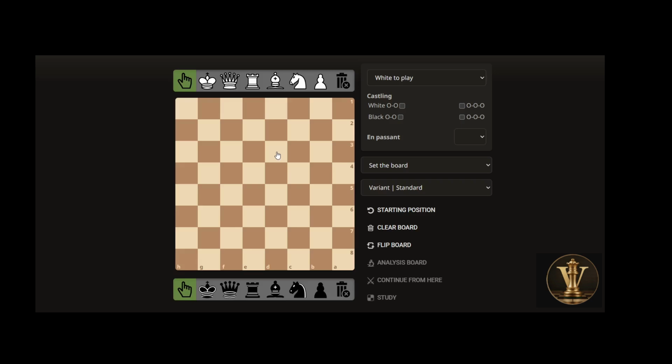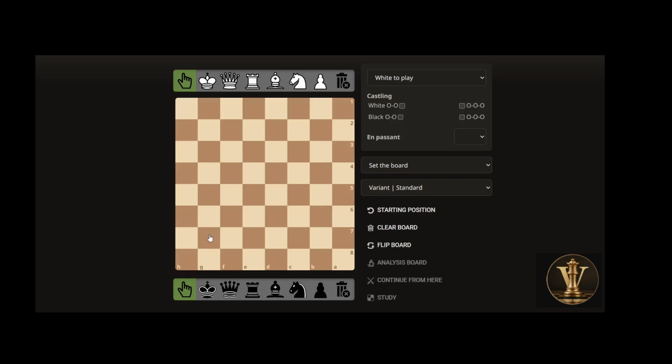So there are 8 ranks in the chessboard: 1, 2, 3, 4, and so on up to 8. Similarly, there are 8 files in the chessboard: 1, 2, 3, 4, 5, 6, 7, and 8. Files means columns.